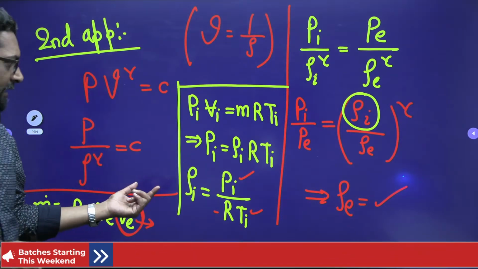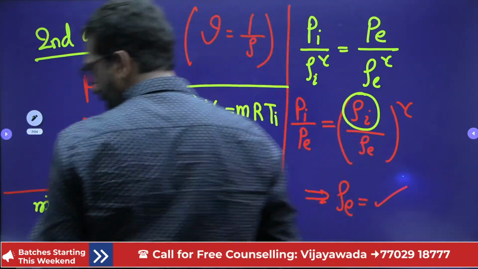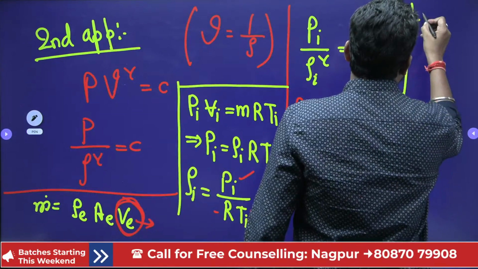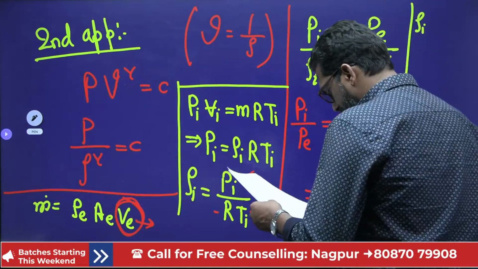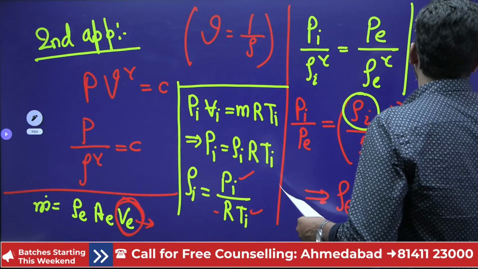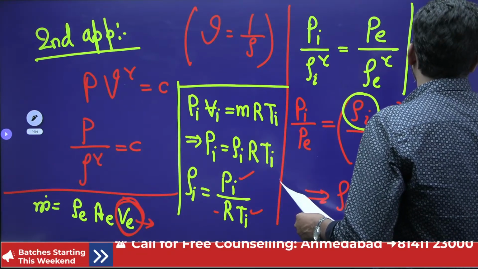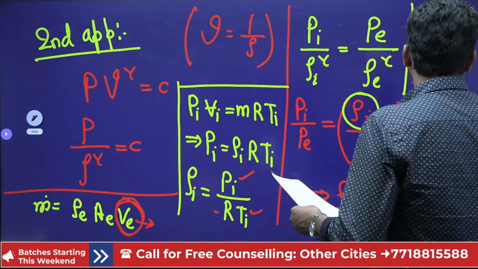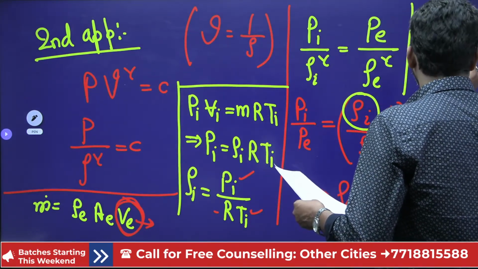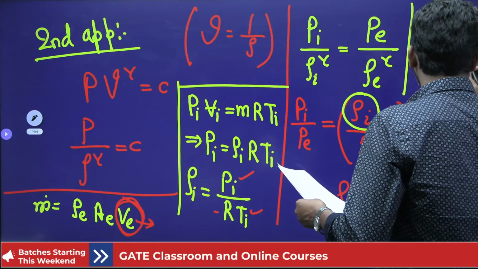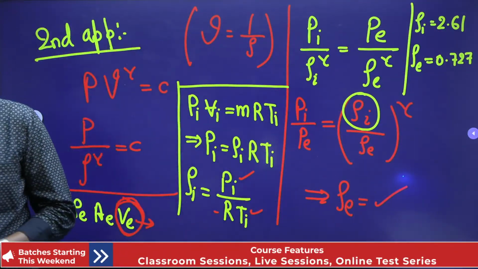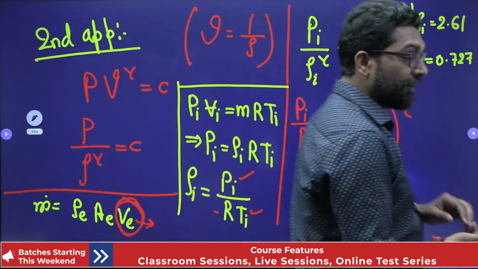So let us see what the inlet density is. If you compare, the inlet density is equal to 2.61. What is the exit density? The exit density is 0.727. The exit density will reduce.